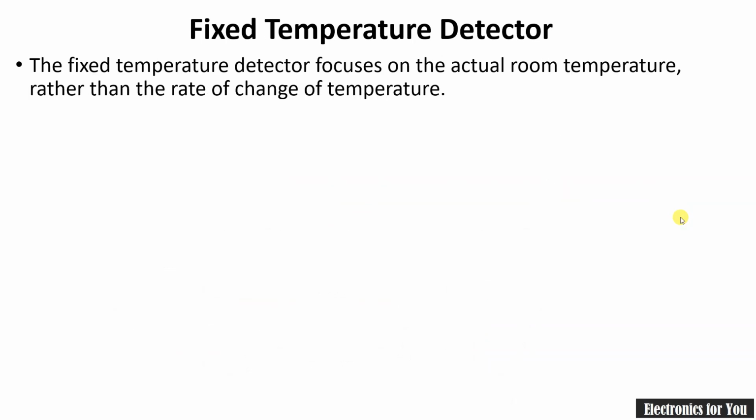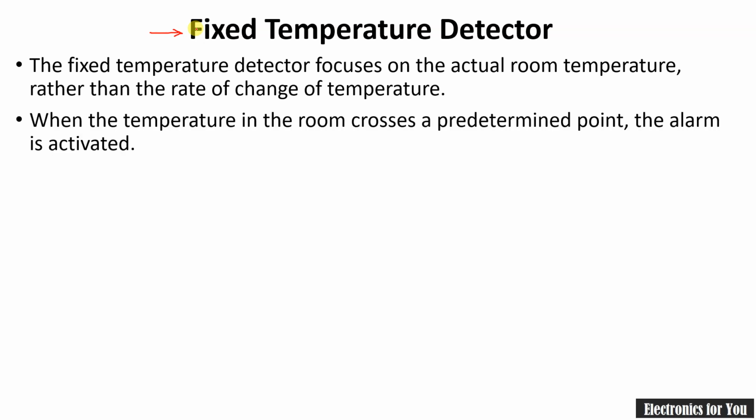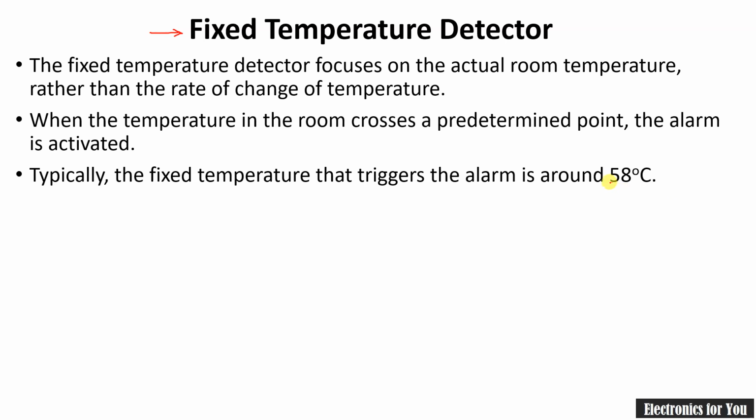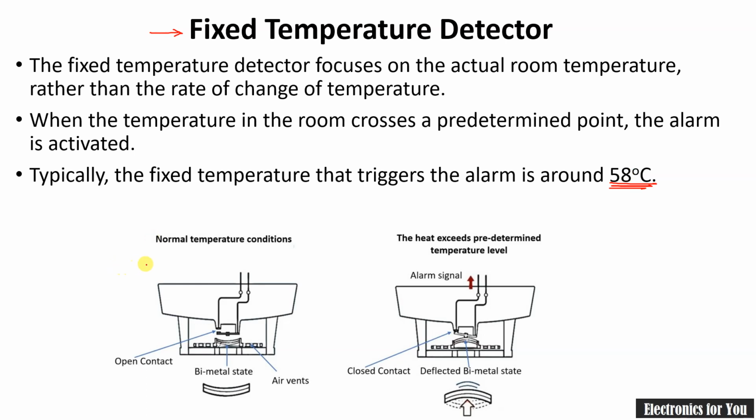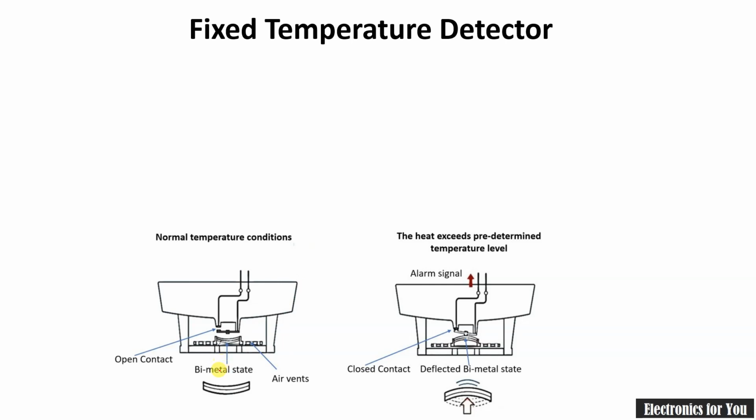Next is the fixed temperature heat detector. As its name indicates, it is a fixed temperature detector, meaning a predetermined temperature point is set, say 58 degrees, and after 58 degrees it will give the alarm. Here is the construction of the fixed temperature heat detector. A bimetal strip is used and it is exposed to air.